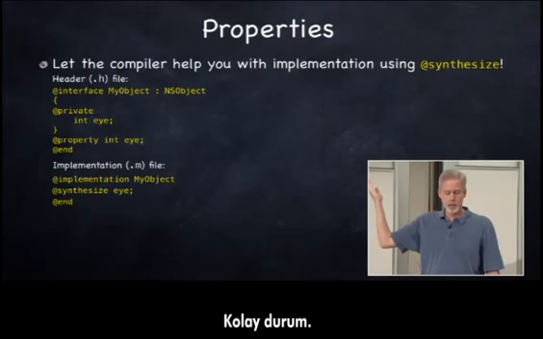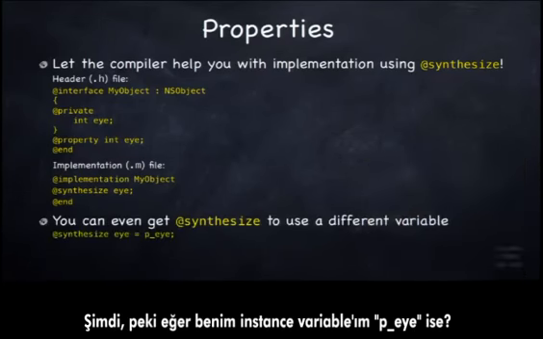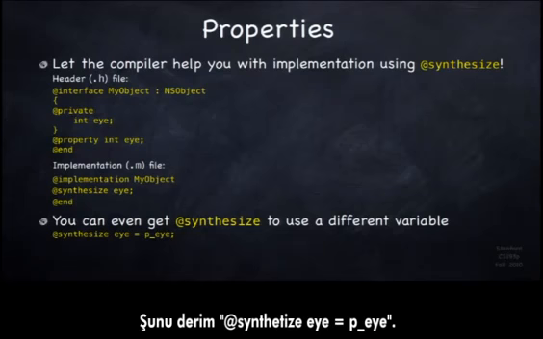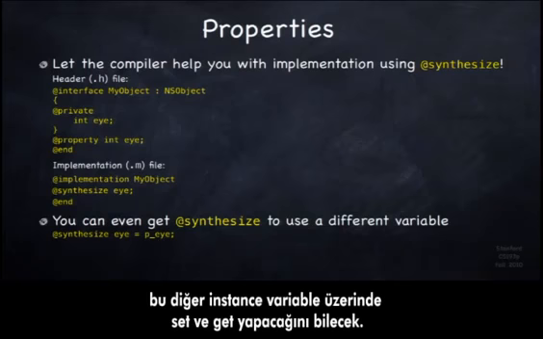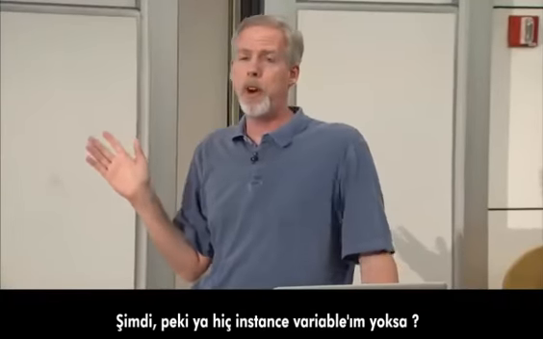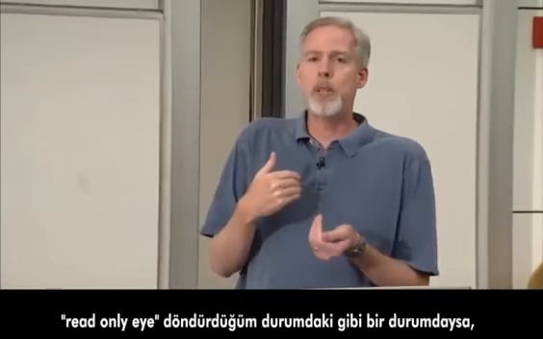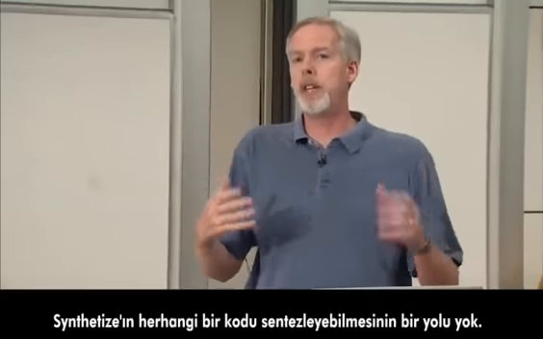The straightforward case. Now, what if my instance variable was the p underbar I? Well, I can do that too. I can say @synthesize I equals p underbar I. And then it'll automatically know to do the set and get on that other instance variable. Now, what if I have no instance variable? Then I can't use synthesize. If I have no instance variable, like the case where I'm returning this read-only I, I have to implement that myself. There's no way synthesize can synthesize any code for you.